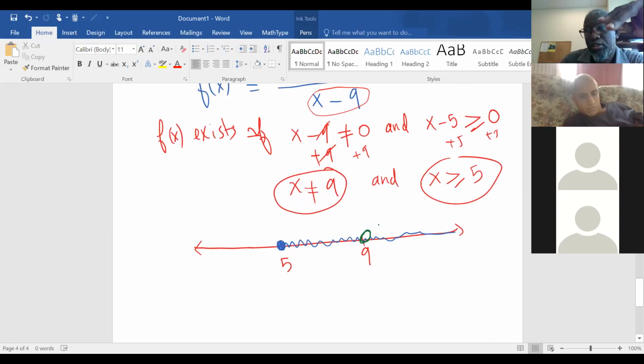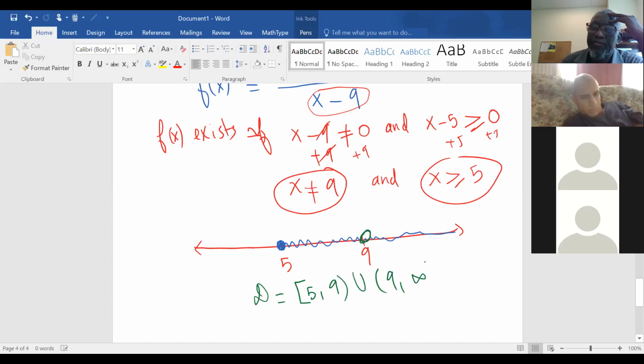In blue, x is greater than 5, right? The circle around 9 means x cannot be 9, right? So what is the domain then? What is the interval? Bracket 5, 9, parentheses, union, parentheses 9, infinity, right? Everybody see that? All right.